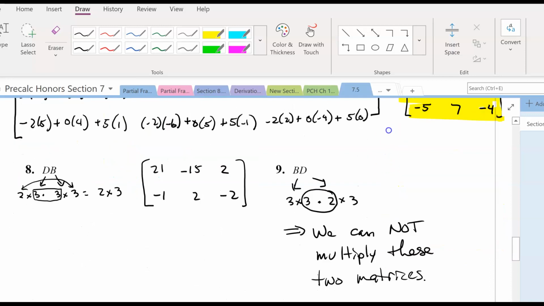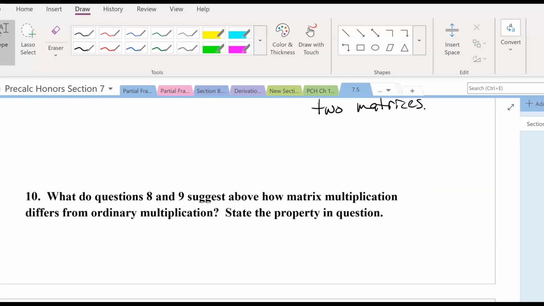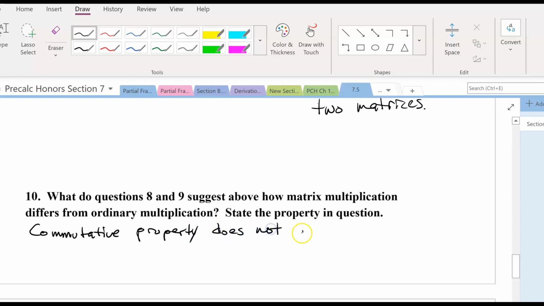So 6 and 7 and 8 and 9 indicate that with matrices, the commutative property does not apply to matrix multiplication.